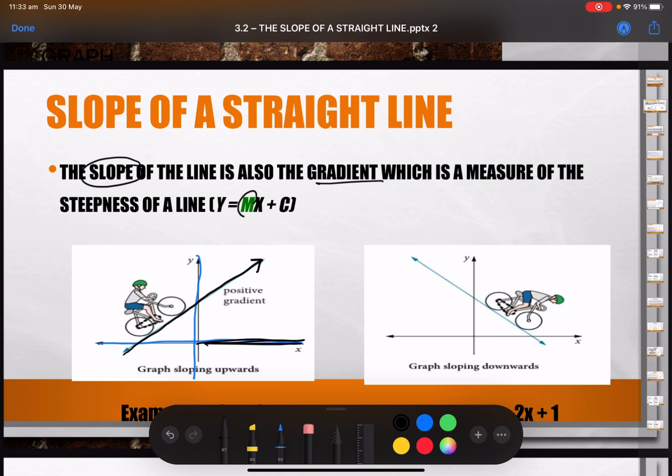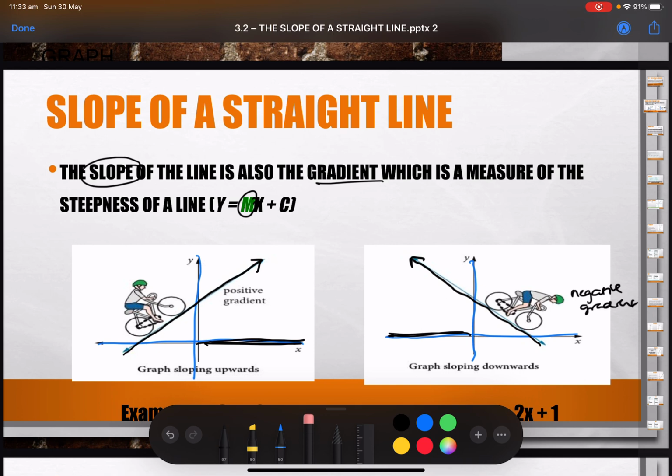So this m value for gradient is going to be positive. Whereas if I have over here, again, my axes in blue, my black line, and I draw an arrow at the top of it pointing in the negative x direction, we say that it has a negative gradient, which means my m value is going to be negative.